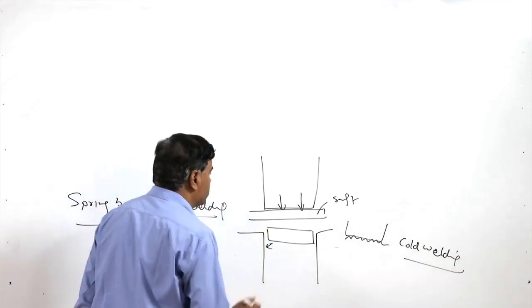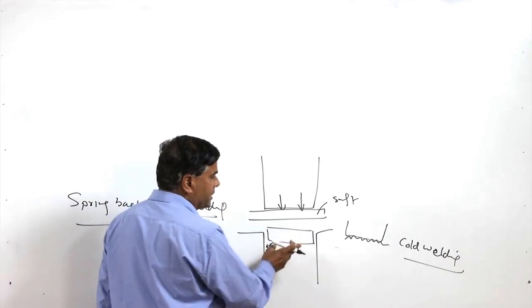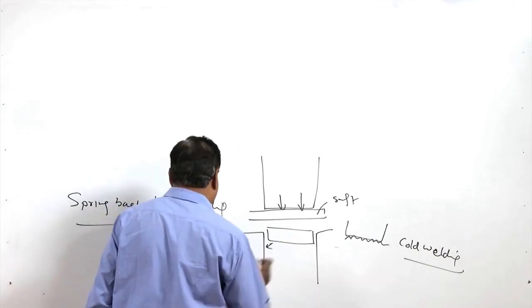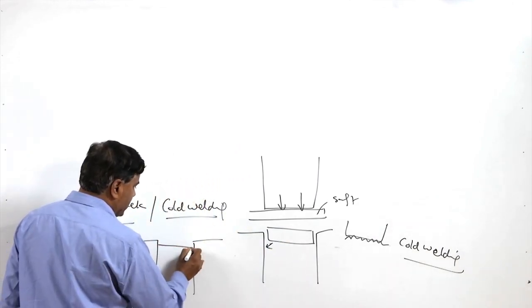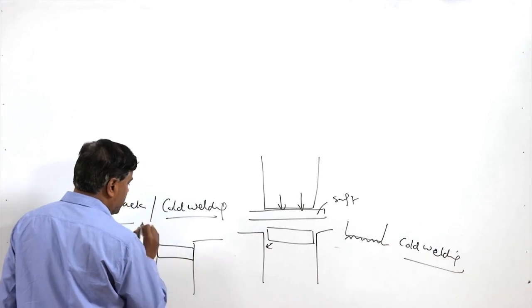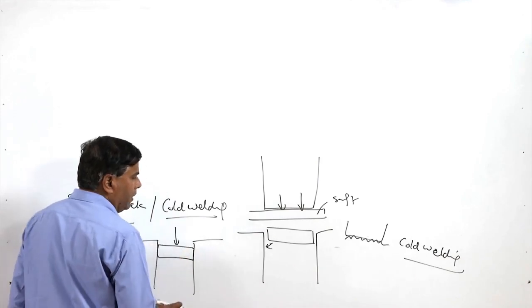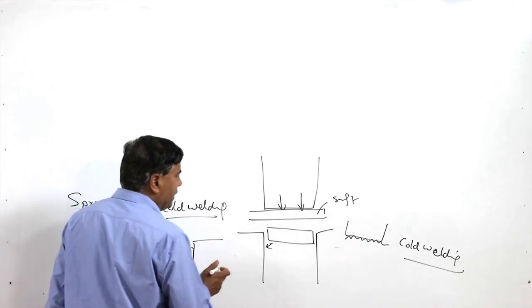So, these are the two issues. Because of this, there is a problem of disposing of the slug material that is removed. We need to work extra. Say this is the die: because of cold welding, the slug may get attached to the die itself, so we need to push it down in order to dispose of it properly.